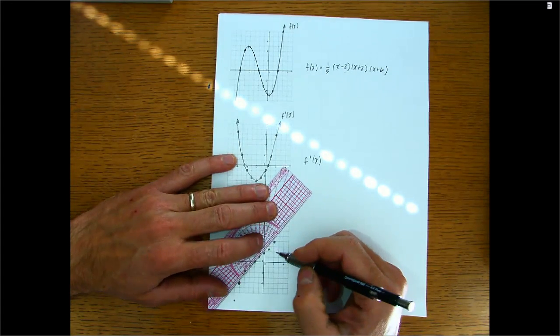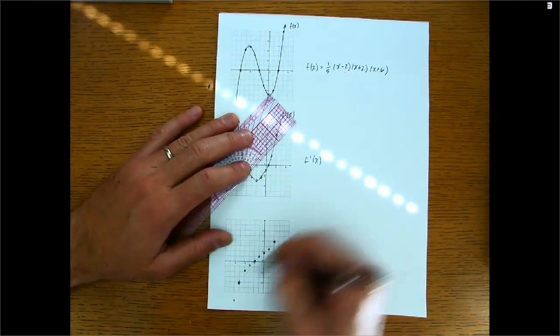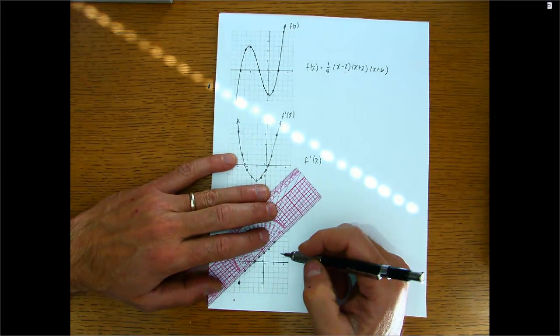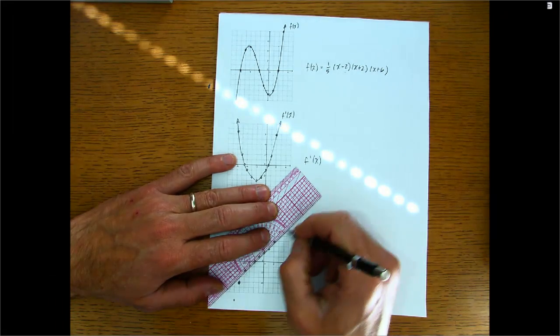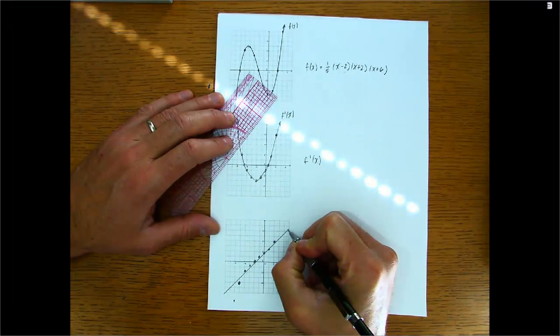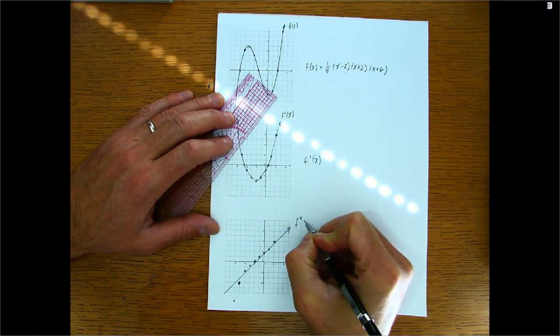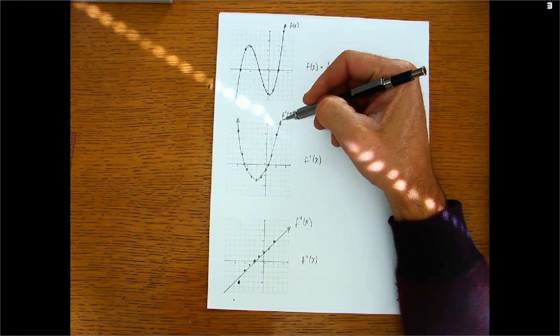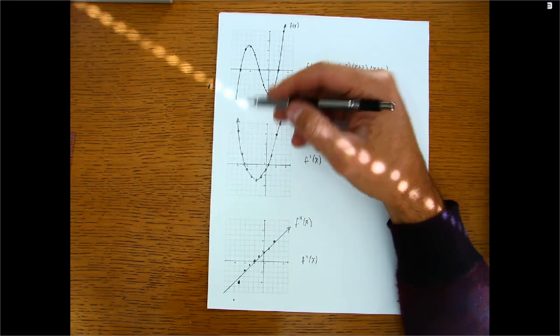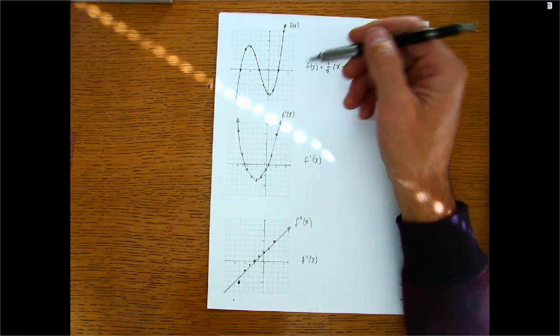But we have roughly a graph that looks somewhat linear here, and I'll just sort of draw in a rough estimate of what we have for the graph of the function f double prime of x. So roughly that. And let's talk a little bit about what it tells us. The thing I hope you're thinking about is, well, this function here tells us when the slope is positive and negative of the function itself.